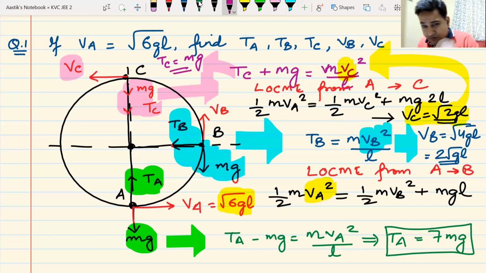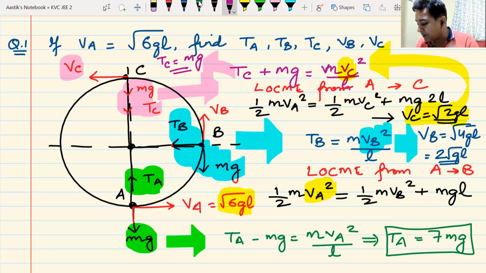Now, if we have done this question, and if any question of this type comes, you don't have to actually do the entire thing. If you can get a shortcut in terms of finding out the velocity at point B or velocity at point C, there is a pattern.